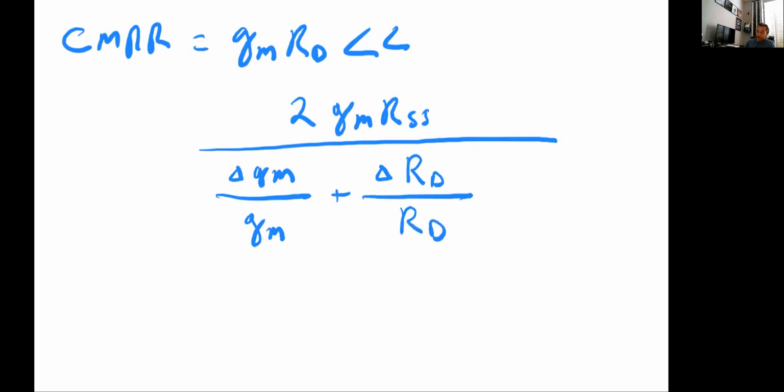And what we're doing here is taking both variations due to GM and Rd mismatch and just averaging it. That's just averaging the variations.